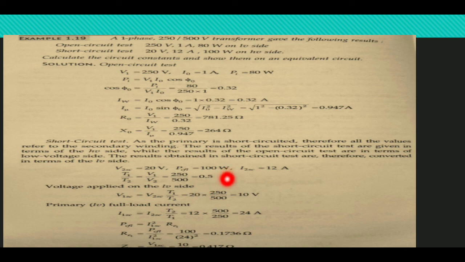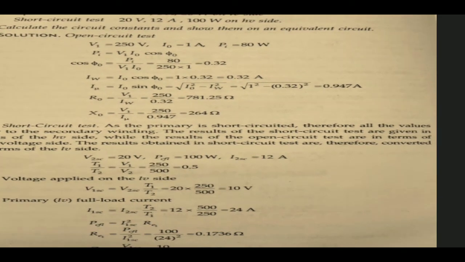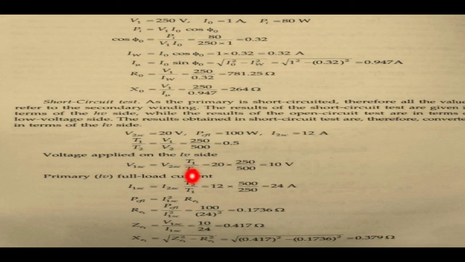So V1SC equals V2SC into T1 by T2, 20 into 250 by 500, so 10 volt. I1 equals I2SC into T2 by T1, because V1 by V2 equals I2 by I1 from the equivalent circuit, so 12 into 500 by 250 equals 24 ampere. Now PCFL equals I1 square into RE1, so RE1 equals PCFL by I1SC square, that is 100 by 24 square, equals 0.1736 ohm.